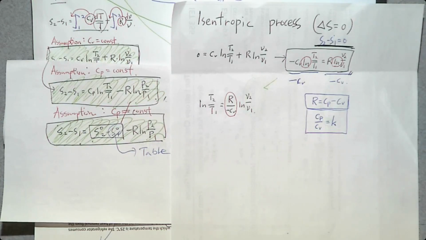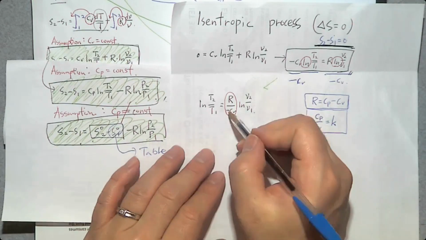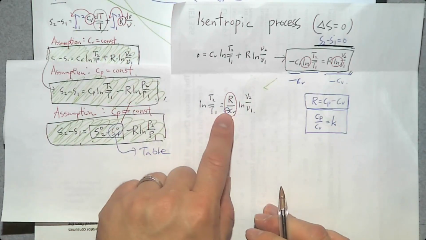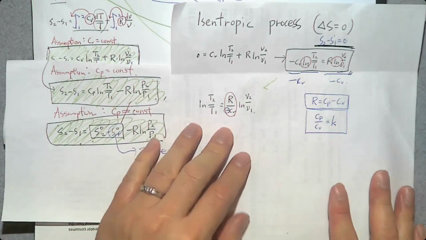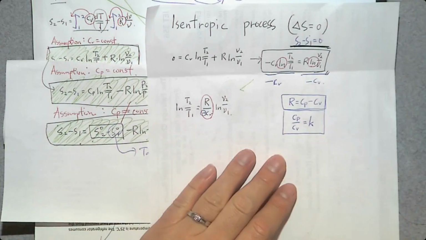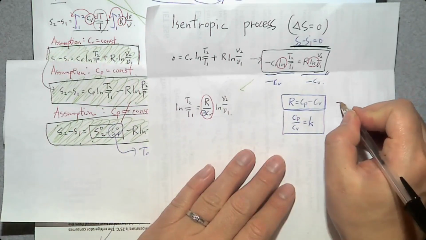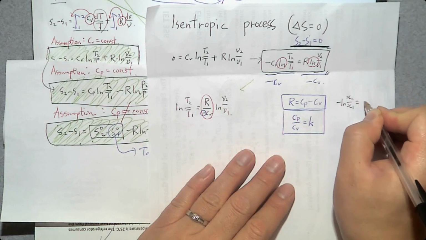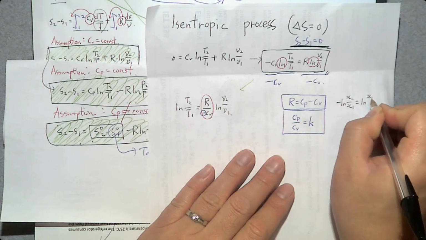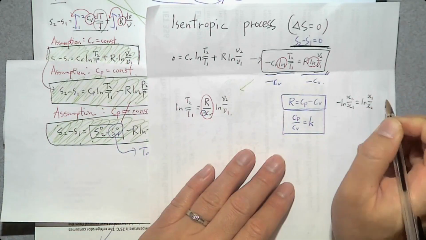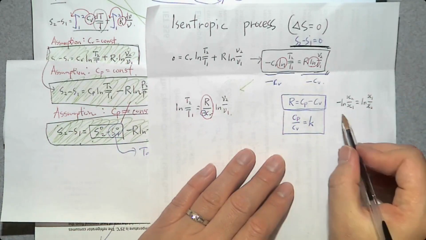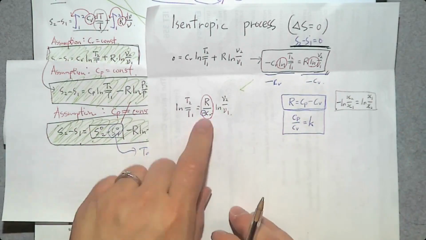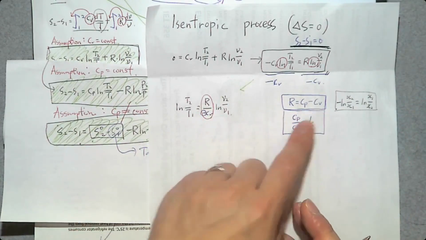And there's one more thing. I don't like this negative sign. Then can we get rid of it? Yes. How? Minus natural log x2 over x1 is what? Natural log x1 over x2, right? If you don't remember, now you can remember. So, R is going to be Cp minus Cv.